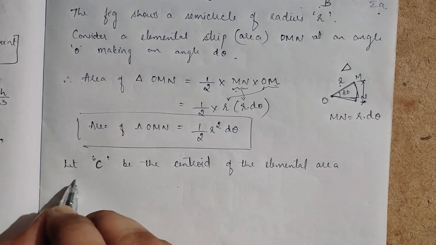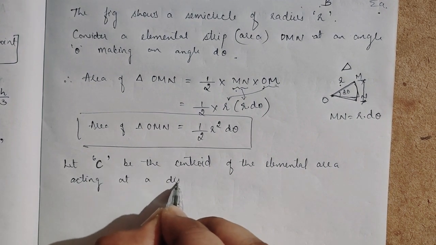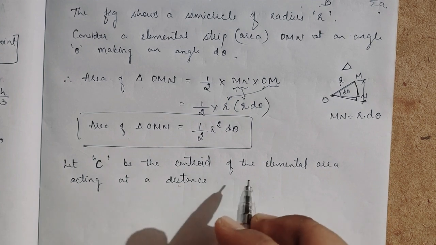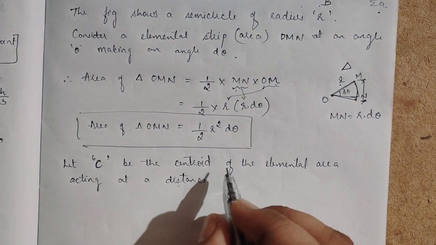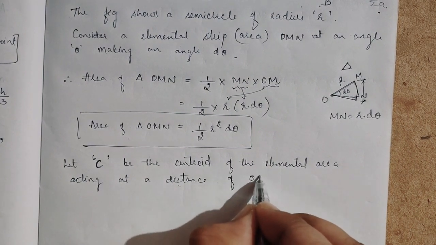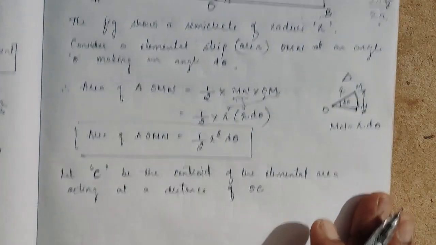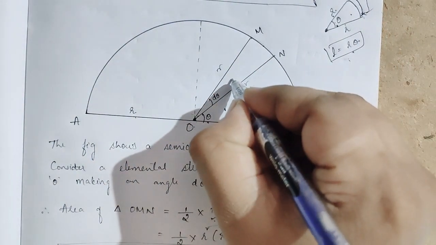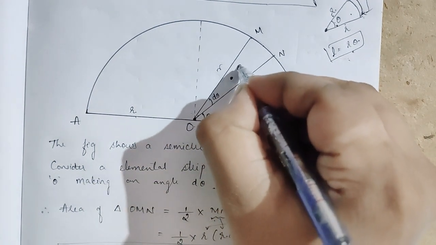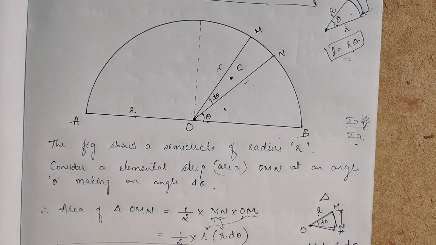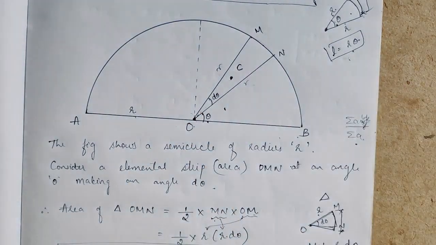C is the center of the elemental area acting at a distance, which we know, because for any triangle it will be h by 3 or 2h by 3. So consider C as the center of the elemental area acting at a distance OC.